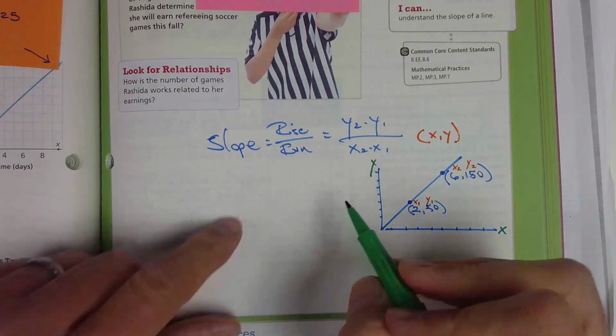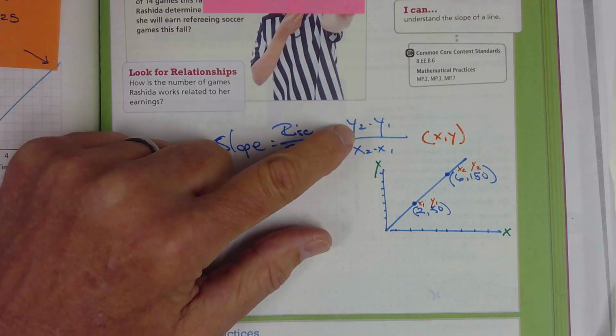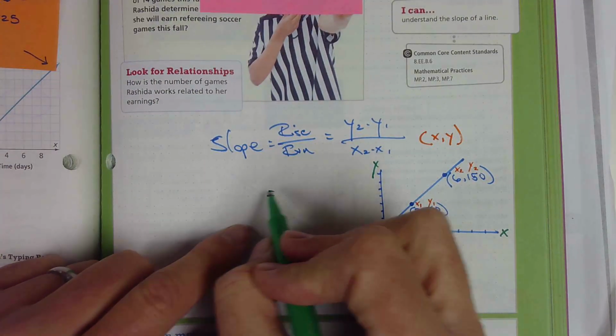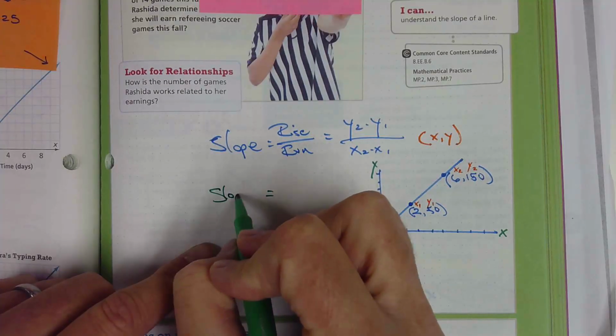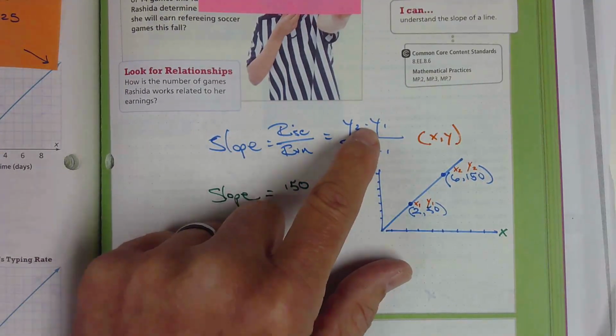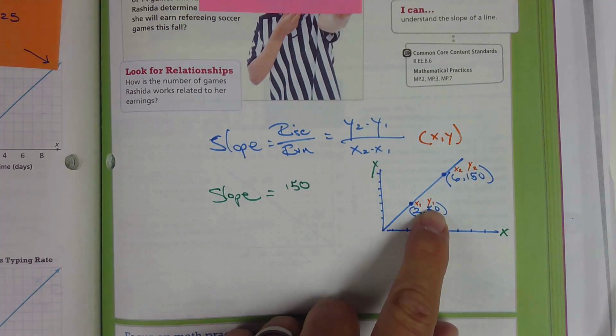So slope equals y2. Well, what number is y2? 150. So I'm going to write slope equals 150. What am I subtracting? What's y1? It's 50. It's right there.